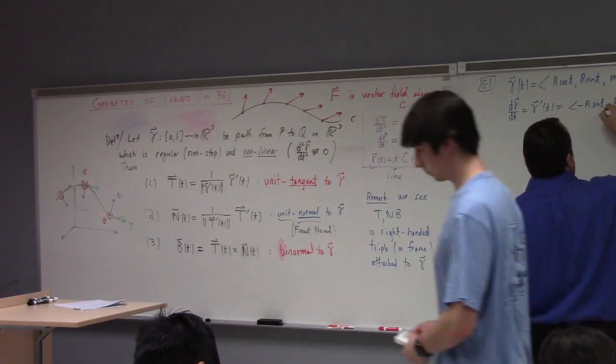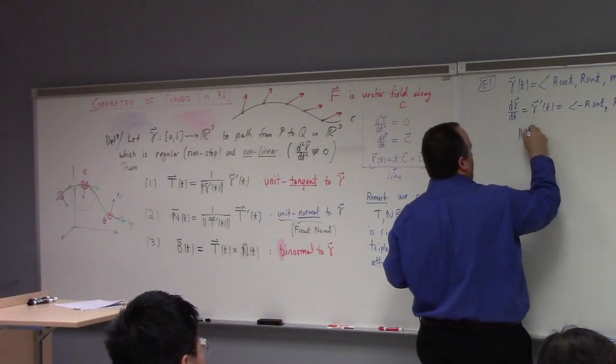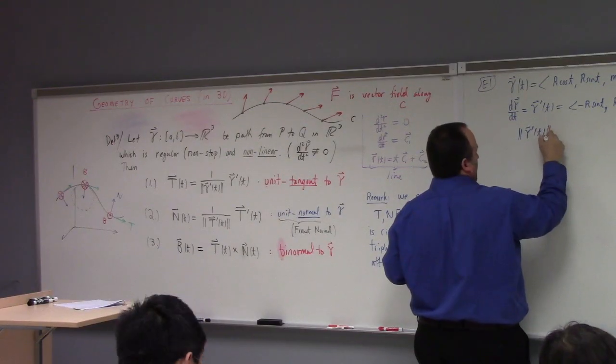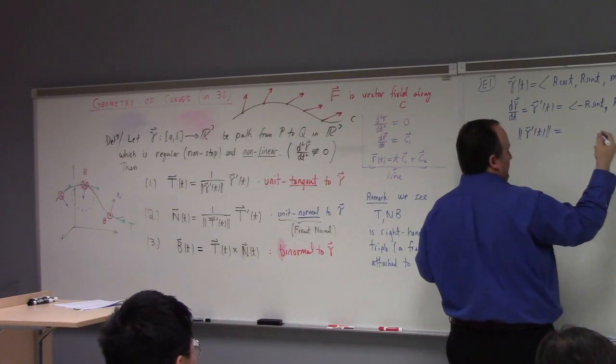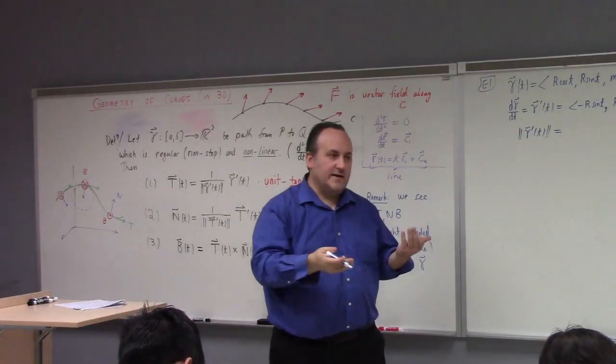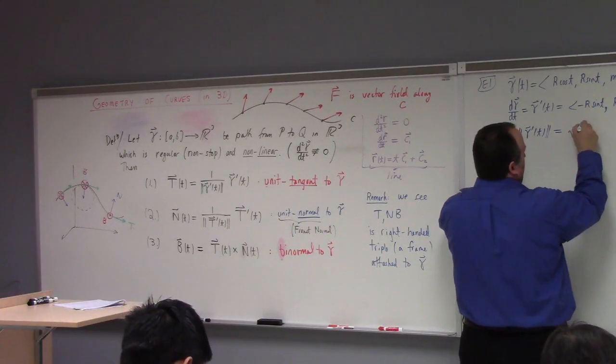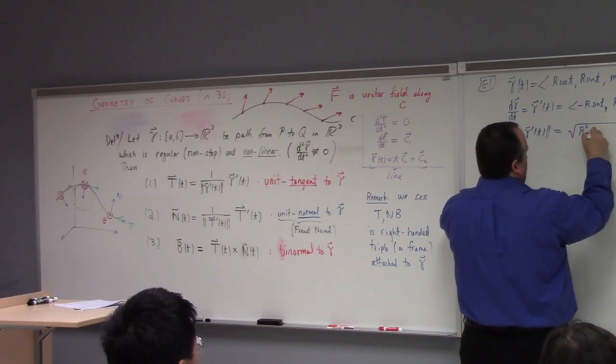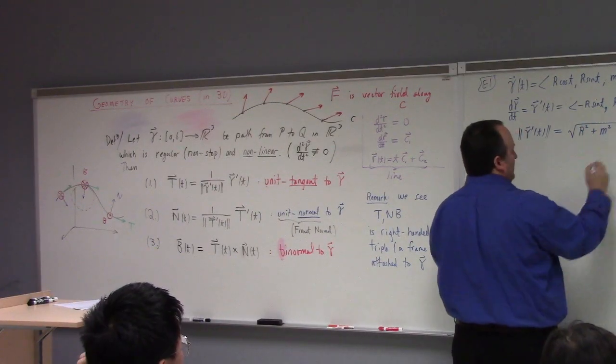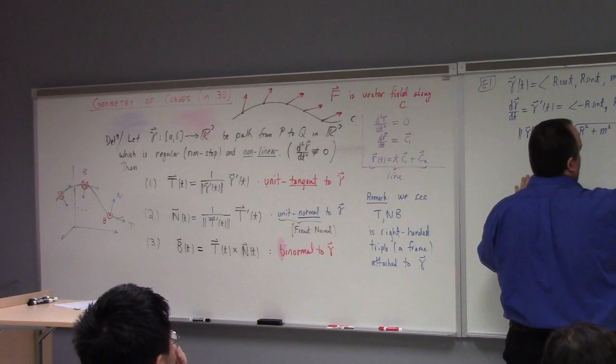And the length of gamma prime of t, which we also call the speed, was the square root of r squared plus m squared. We talked about this last class as well. That's the speed, by the way.